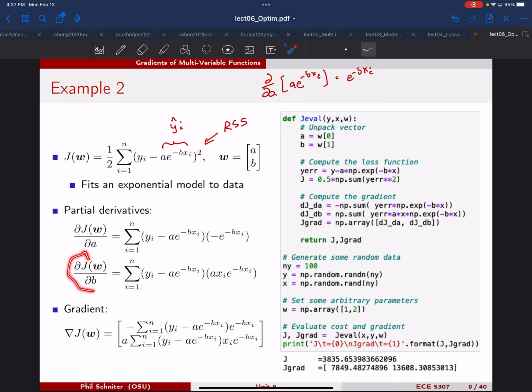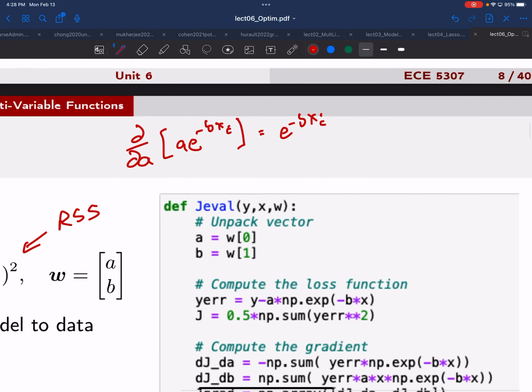Similarly, to do dJ/dB, we have to apply dJ/dB to this. Now everything's similar except when we come to this point and we need to take the derivative of this with respect to b, it's a little bit more complicated. We have d/dB of a e^(-b xi). Here, a is just like a scale factor, so that comes out. And then we need to do d/dB of this.